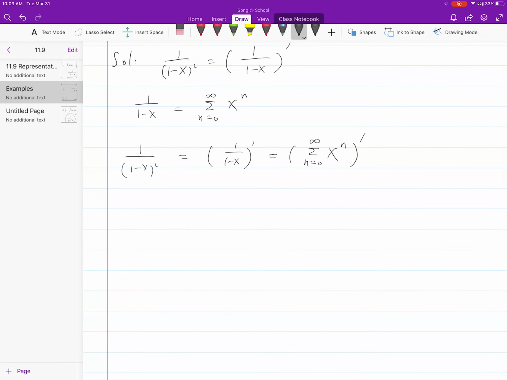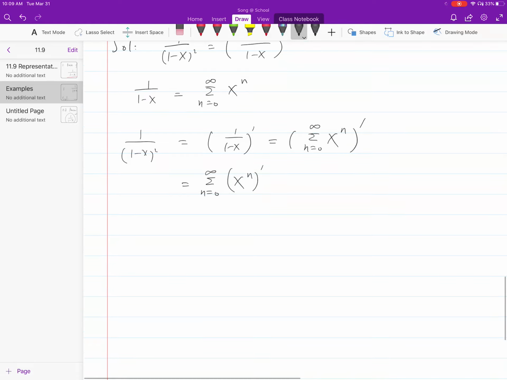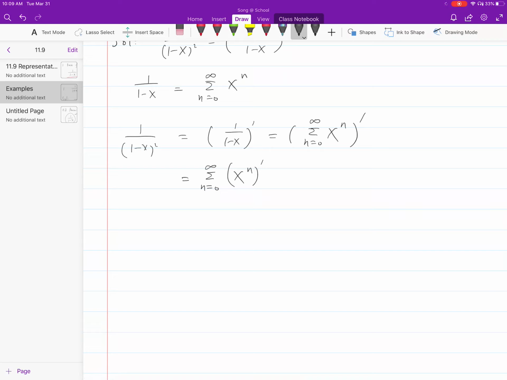Again, what we want to do is take this and take the derivative of the inside instead. That means we want to interchange the derivative sign and the sum sign. Can we do that? Well, let's write it out. It's 1 plus x plus x squared plus x cubed plus x to the fourth, dot dot dot. Then you take the derivative.